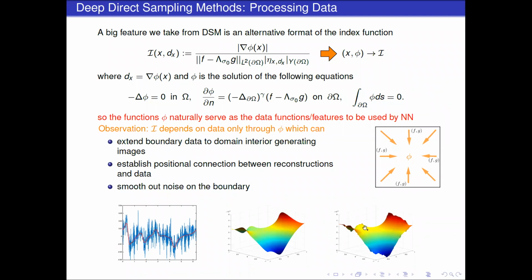If we compute their data functions, the zigzag behavior of the noisy one only concentrates around the boundary of the domain. Inside the domain, we know that the PDE solution is analytic, so they are actually very close to the exact data and also very smooth. We think that's probably one of the reasons the neural network based on this function is really robust with respect to very large noise.